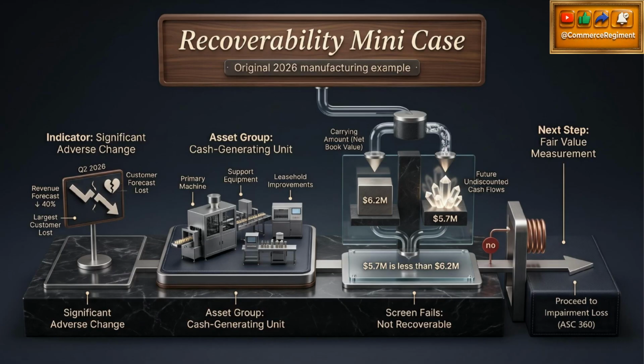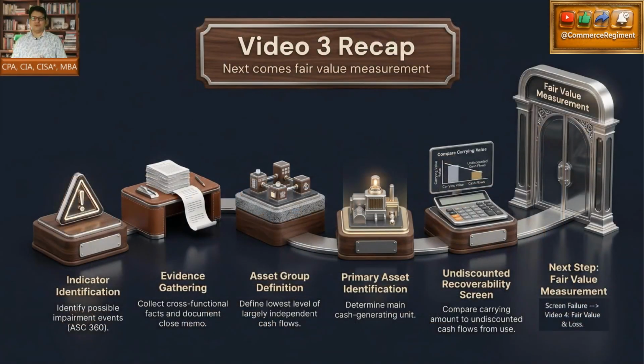The carrying amount is $6.2 million. Supported undiscounted cash flows from use and sale are $5.7 million. Because 5.7 million is less than 6.2 million, the asset group is not recoverable and proceeds to fair value measurement in video 4. That completes video 3.